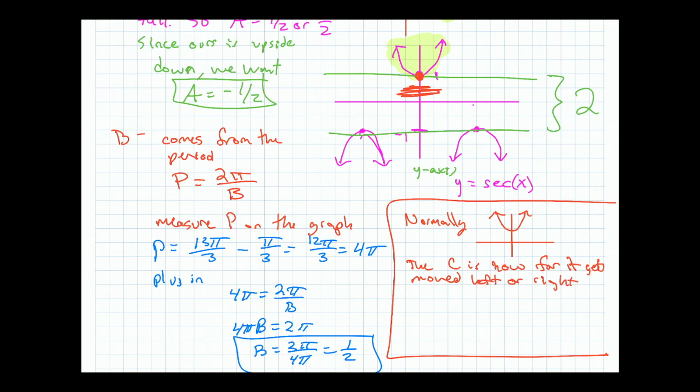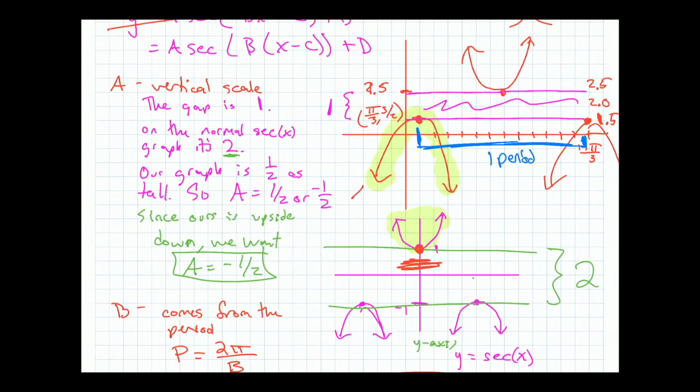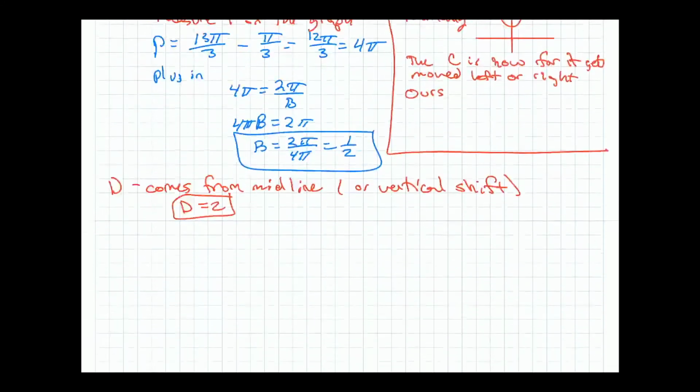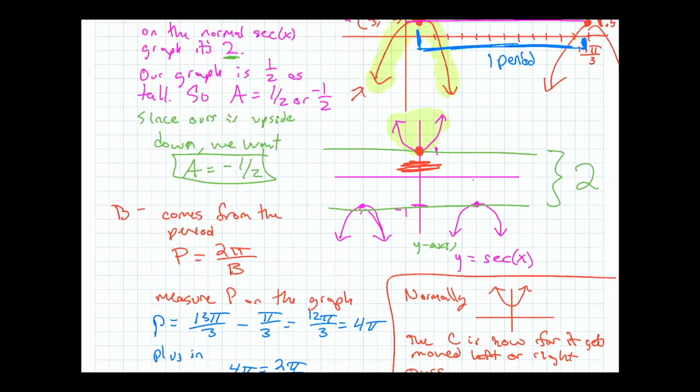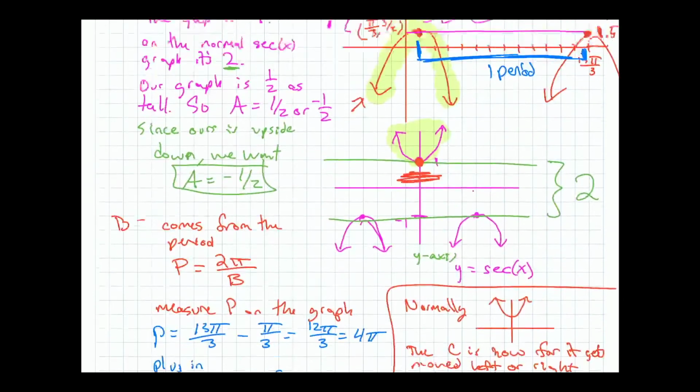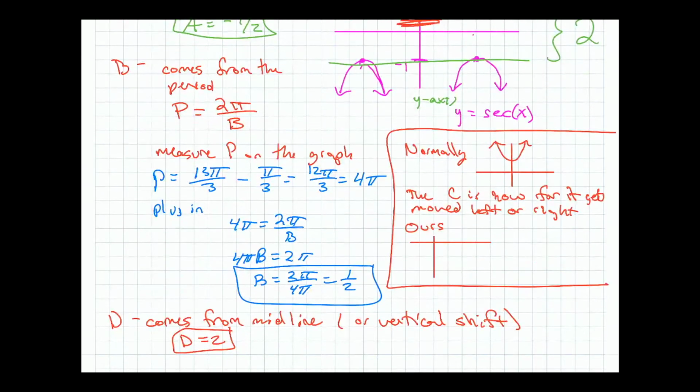Okay, so on ours, what we're looking at is this piece right here. So I've got a piece that looks like, why up at 3/2? Why did I put that there? That doesn't make sense. There.